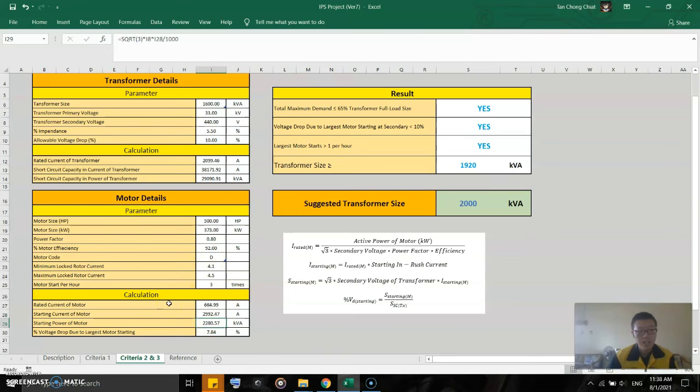And then the third one is the starting power, using the starting current and secondary voltage multiplied together, and also multiplied by square root 3, you will get the starting power. And then the secondary voltage drop is starting power of motor divided by the short-circuit capacity of transformer and multiplied by 100%, which is 7.84%, which is less than the 10% allowable voltage drop. Next, I will pass to Ahmad to continue the presentation.